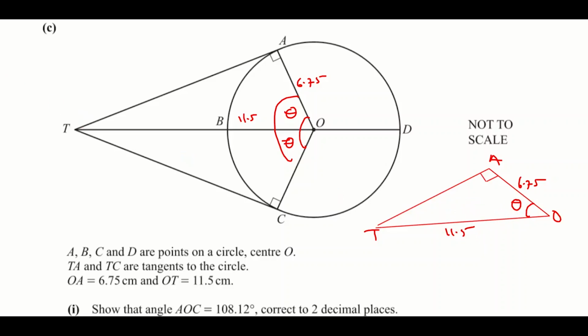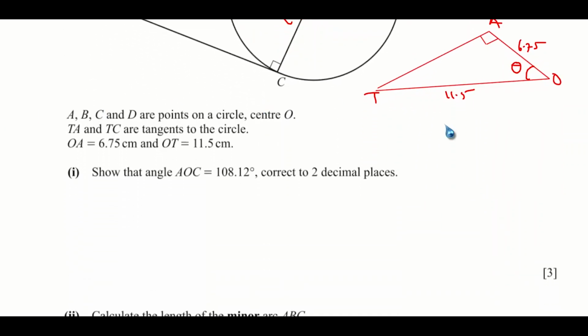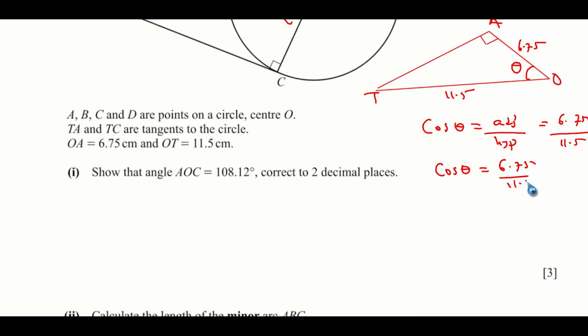So we can use cos theta. From here we can say cos theta is equal to adjacent over hypotenuse, which is 6.75 over 11.5.